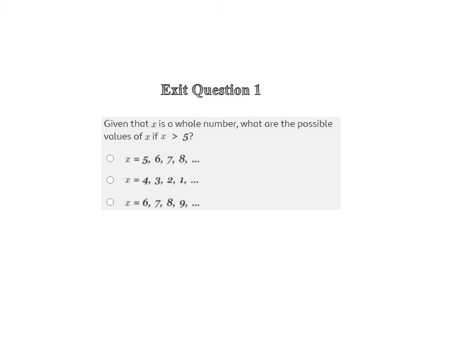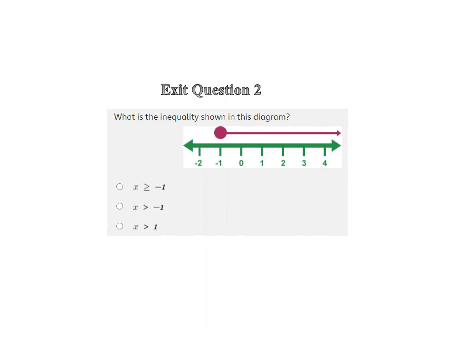Your last job today is to answer the 3 exit questions and submit your answers to me via Show My Homework. Here is the first exit question. Here is the second exit question for you to try.